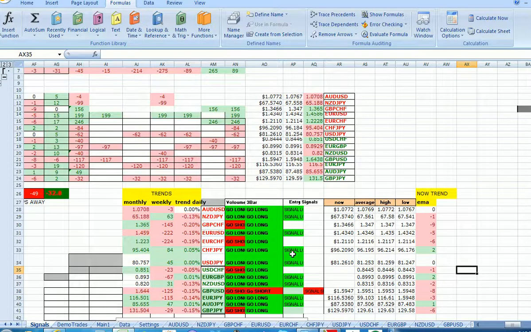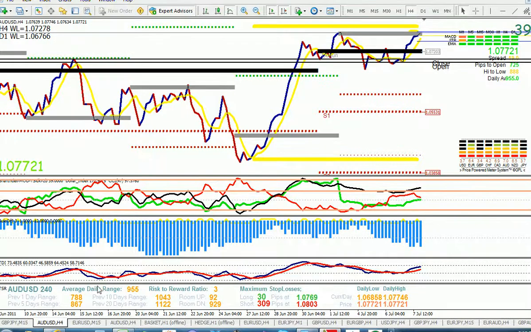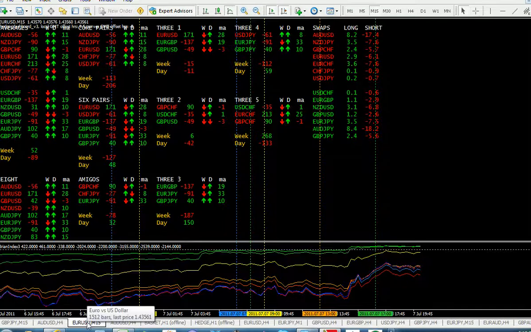If we had a long trade on at the moment, a possibility of the strongest one is the CHFY, and it's at 2 plus in the now trend. Let's look at the CHFY group and we can look at the chart.